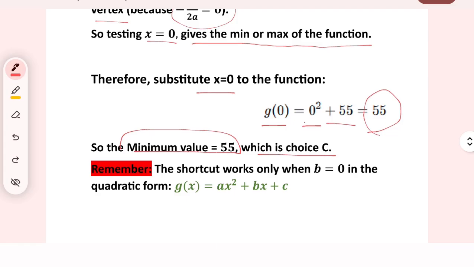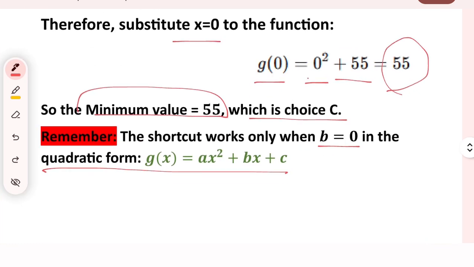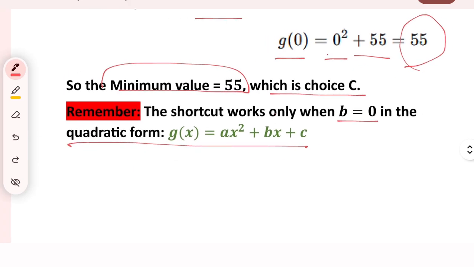This shortcut of substituting x equal to 0 into the function will only work if b is 0 in the quadratic form. Because b is non-existent in the given function, b is 0. So if b is 0 in the quadratic equation, then you can apply this shortcut.